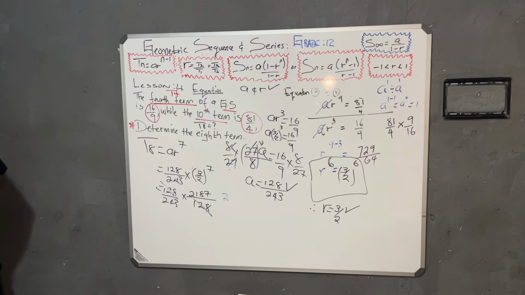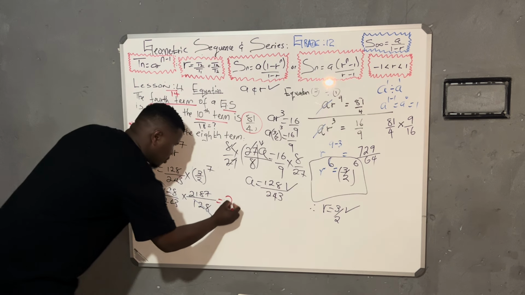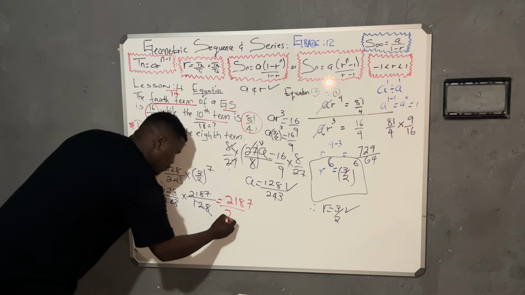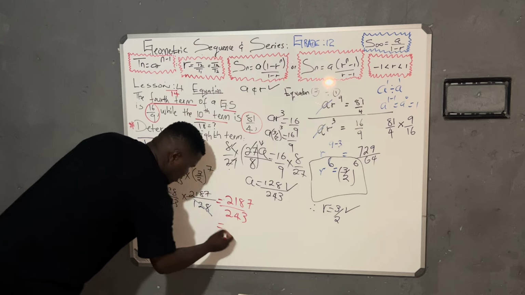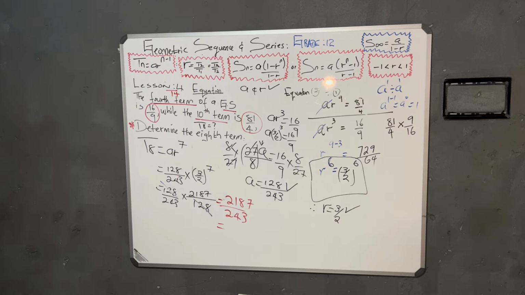Oh, I'm left here with 2187 over 243. Now simplify that. How many times does 243 go into 2187?